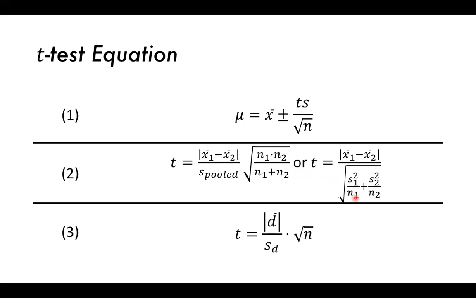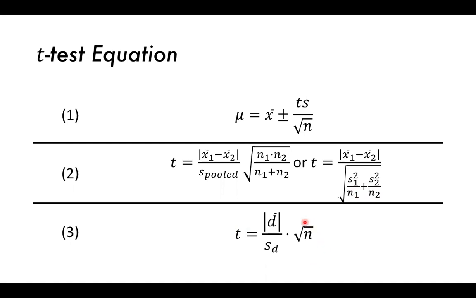Or the alternative is this form, which is still the absolute difference in the two means. But this time it's going to be divided by the square root of S1 squared over N1 plus S2 squared over N2. And we utilize this whenever the F-test tells us that there is a significant difference between the two standard deviations.